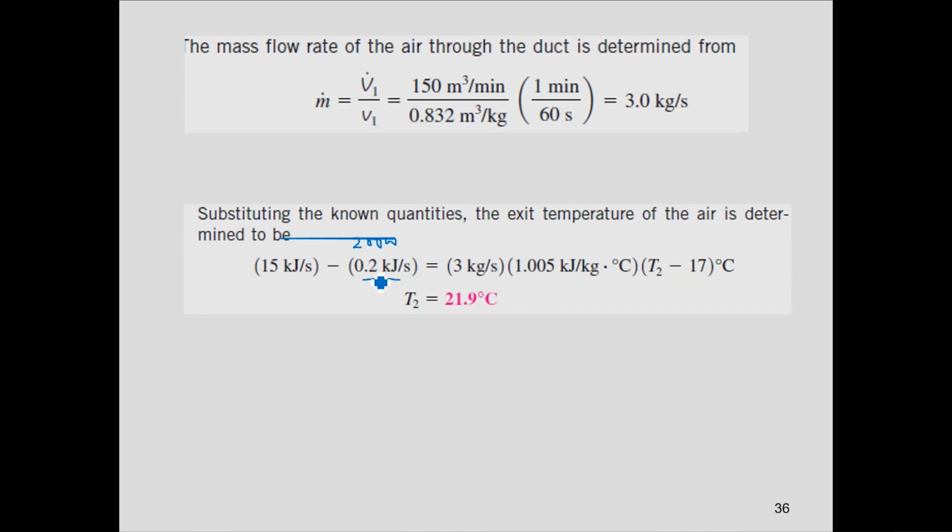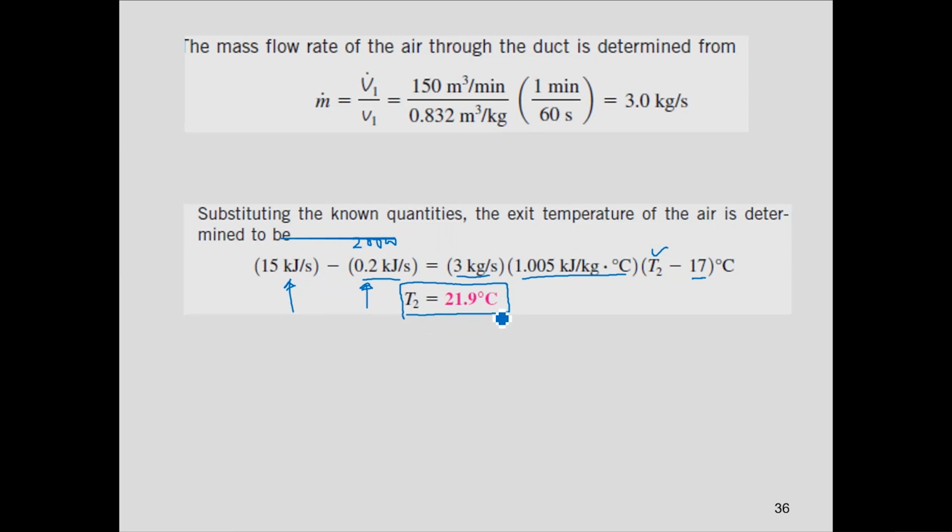So you'll have to divide by 1000. This is 0.2. Then 15 kilojoules per second. 3 kg per second is the mass flow rate you have found out. Cp value you have extracted for air at room temperature as an ideal gas from the table. Initial temperature is given to you, and T2 you can find out as 21.9 degrees centigrade.